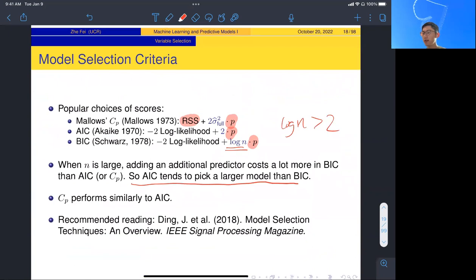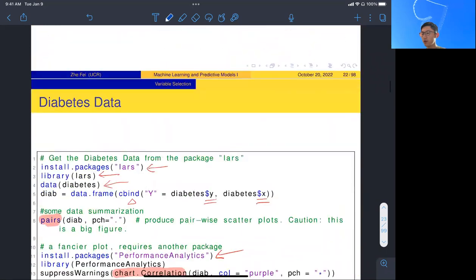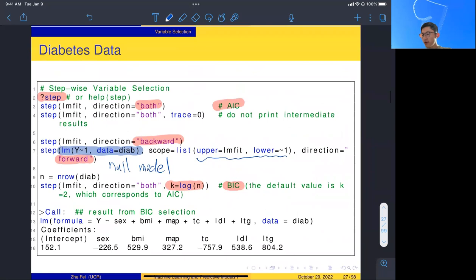So for AIC, it is 2, and for BIC, it is log n. That's the k in our function. So if we use k equal to log n, that's the BIC criteria.